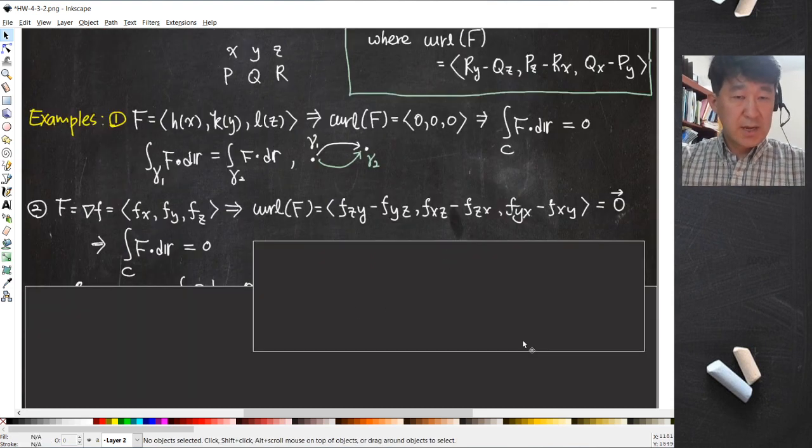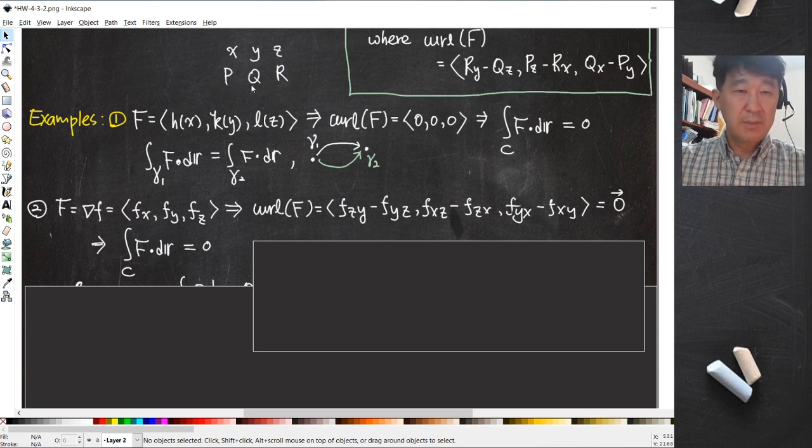Right, here it is. I don't know if this is going to make sense or not, but following principles, think about what happened to P and Q. When you're doing P and Q, the scalar curl was swapping these two and keeping the order of xy for the differentiation order, so Qx minus Py. So for the first component, it is about the other two components. This is from left to right.